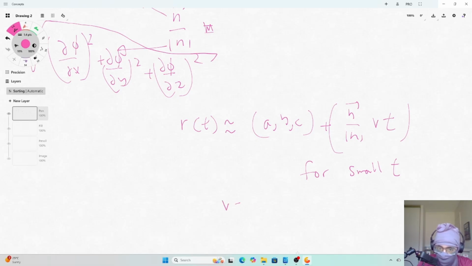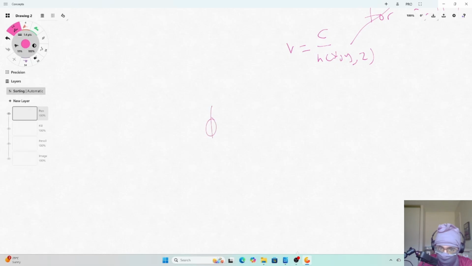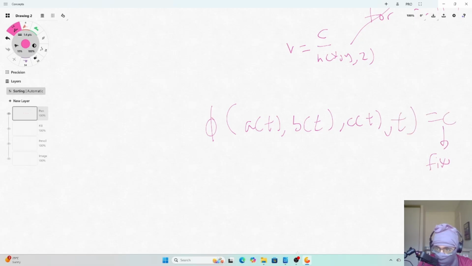The velocity, we know, is the speed of light divided by refractive index. We can plug it in. And so suppose you have a general point, and you fix the value of the wavefront, but you vary time.